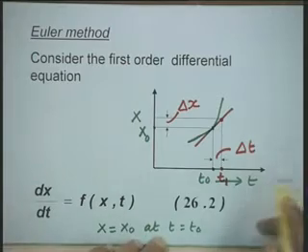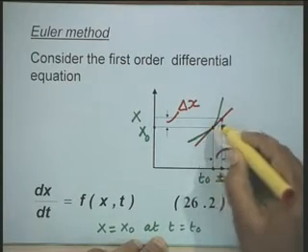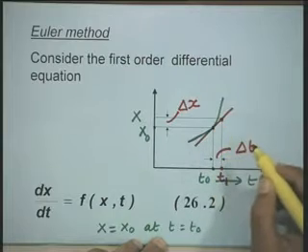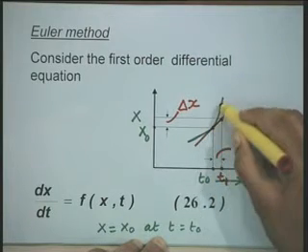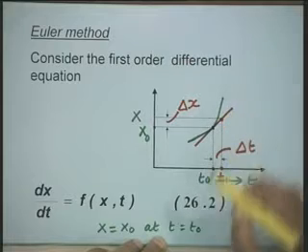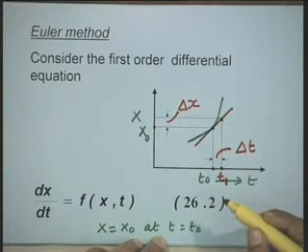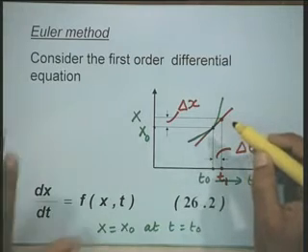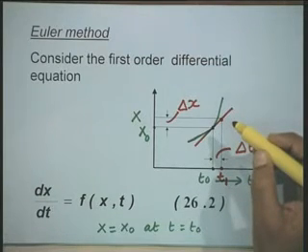Now, when we use Euler's method, we assume that the slope of this curve is the same all through the interval, while if you see the actual solution, during this interval the slope is different at different points, and therefore there is some error that will be incurred when you solve using Euler's method.